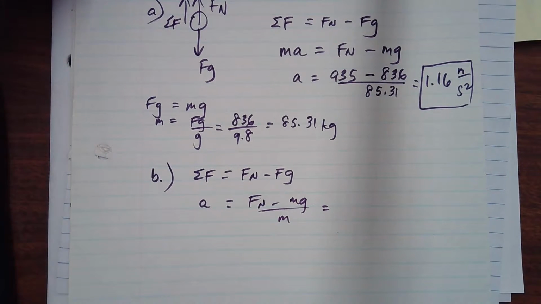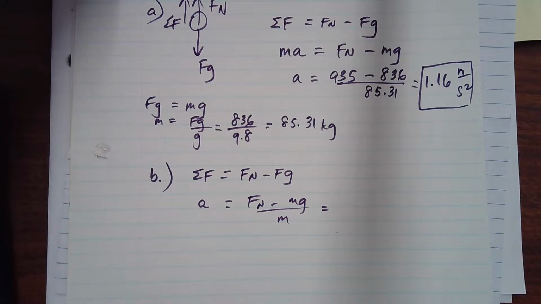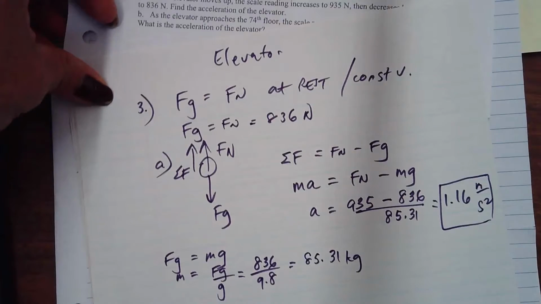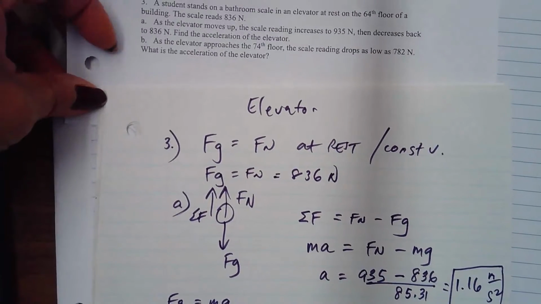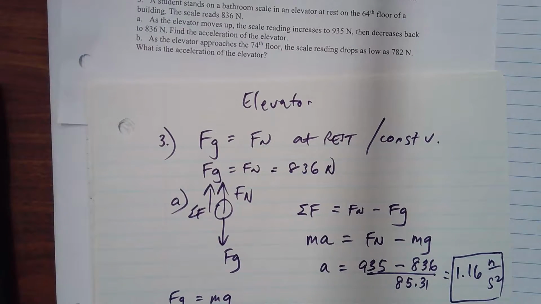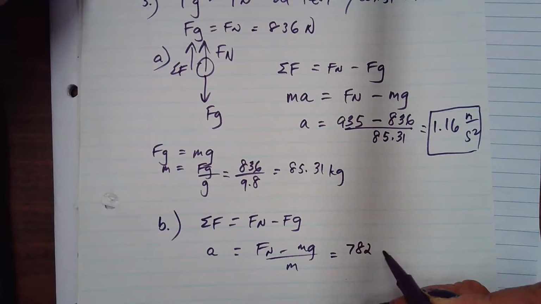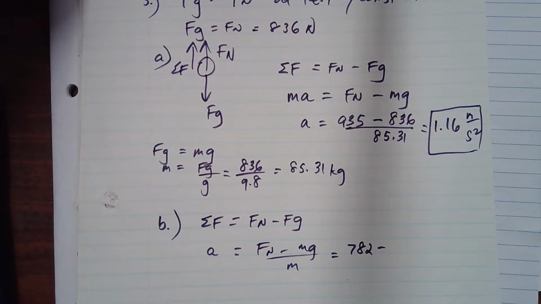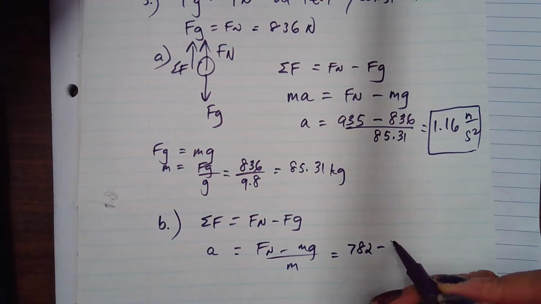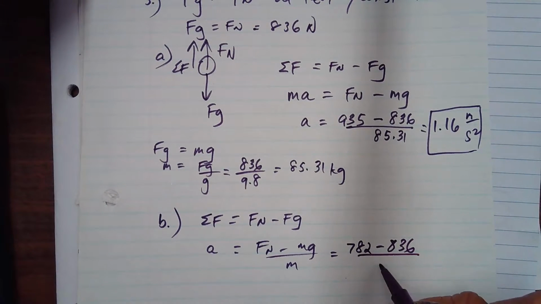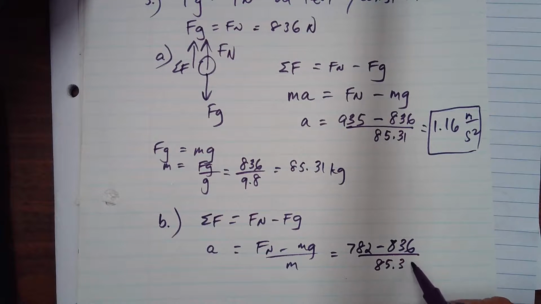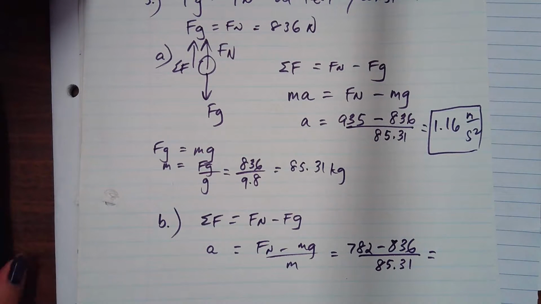Okay, except the Fn now is what in our question? 782. So the reading went as low as 782. So we go 782 minus what is our true weight again? 836, right? Divided by the same mass, 85.31. You notice your acceleration is going to be a negative value.